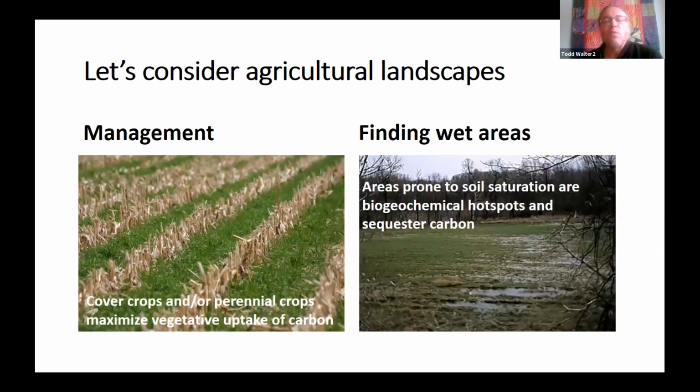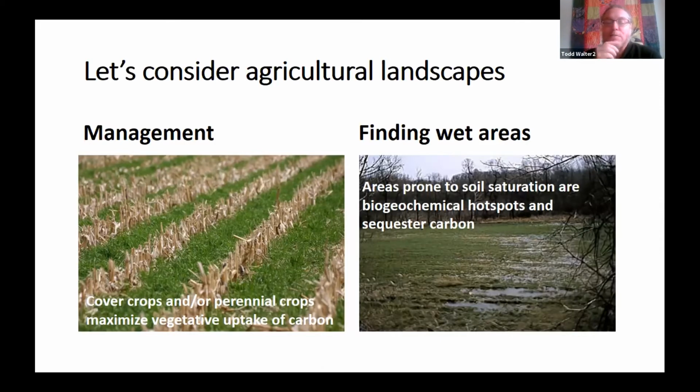Okay, and so if we look at agricultural landscapes, again, we've got management, cover crops. Steele talked about those a little bit, and it'd be great to know how prevalent those are. Here in the Northeast, we haven't needed to incentivize too much to have farmers use cover crops.